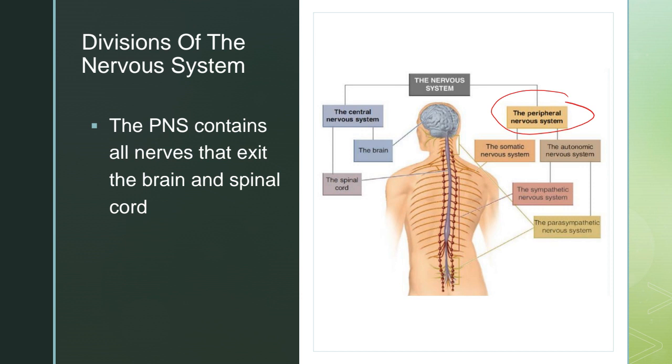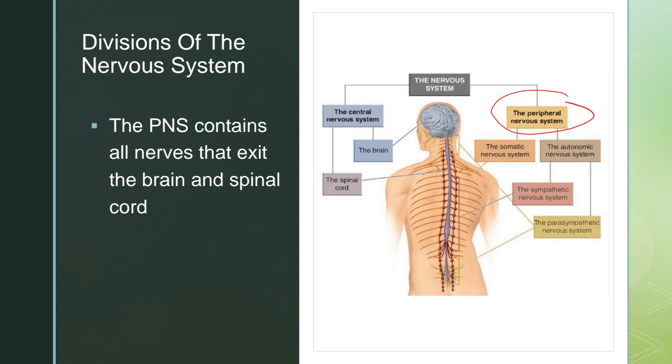So the peripheral nervous system, this other half over here. The peripheral nervous system contains all of the nerves that exit the brain and the spinal cord.